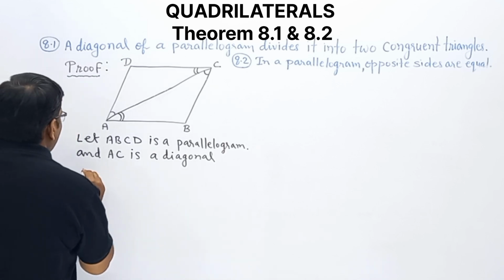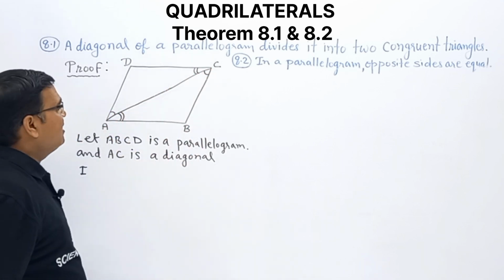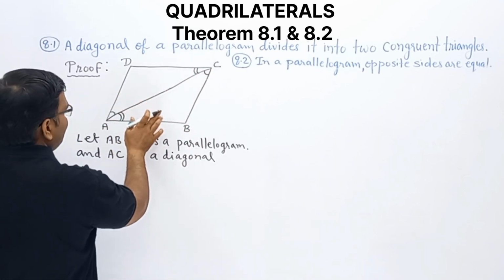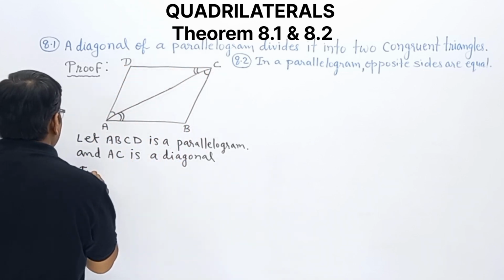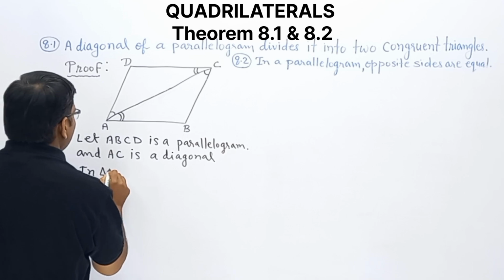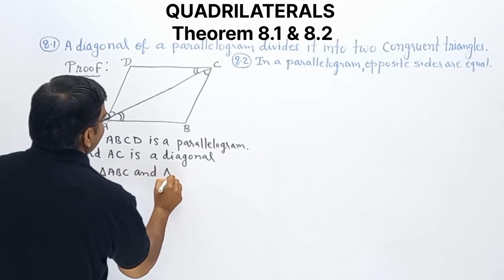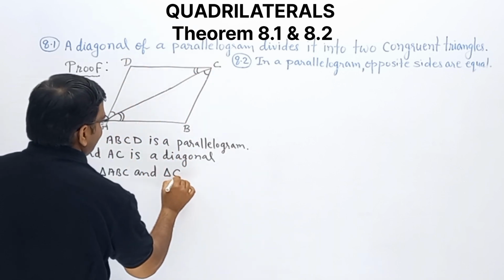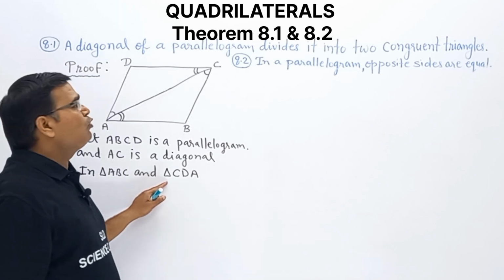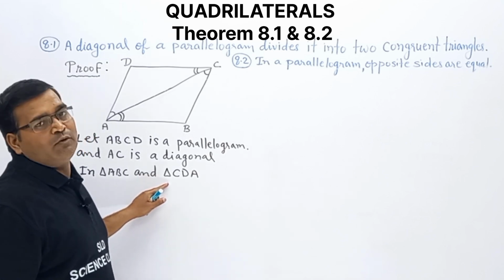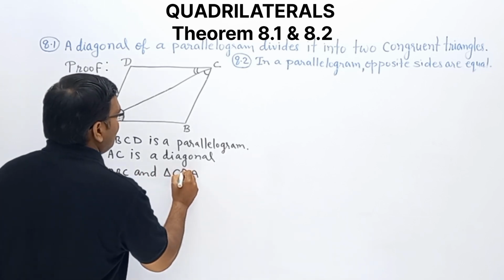So the diagonal divides it into two triangles, A, B, C and C, D, A. These two triangles we want to prove congruent or not. Clear?